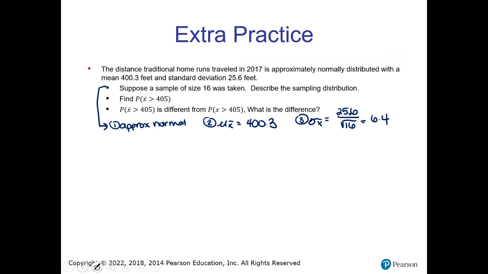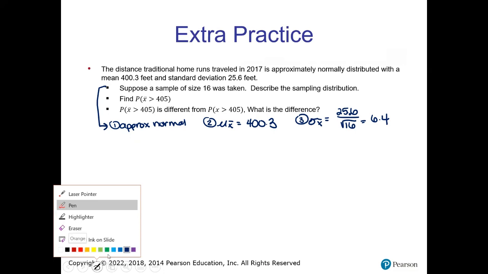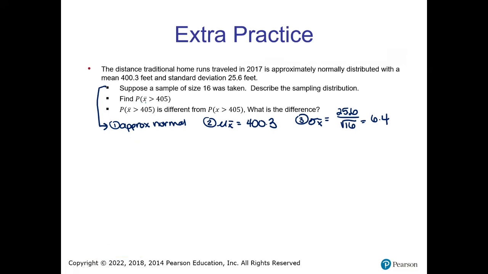Next one is find the probability that X bar, my sample mean, is greater than 405. I'm going to pull back up my StatCrunch.